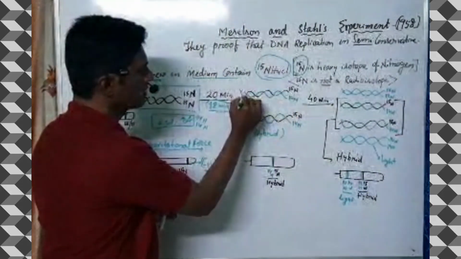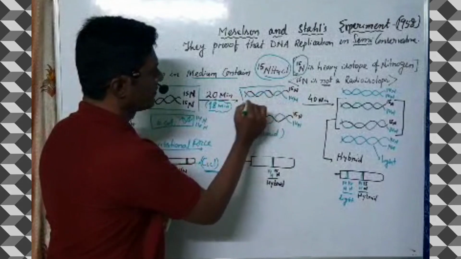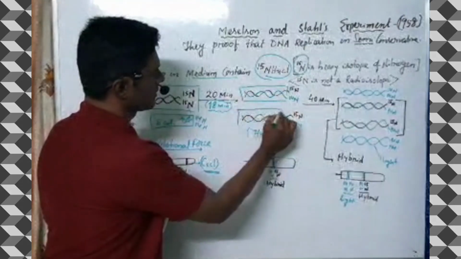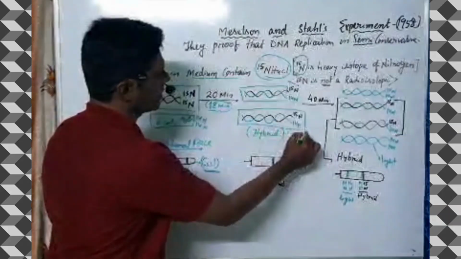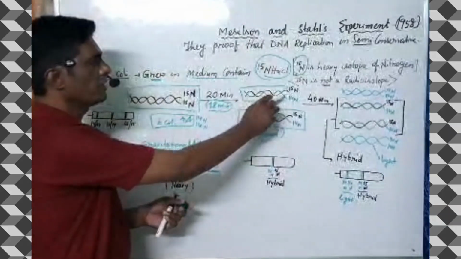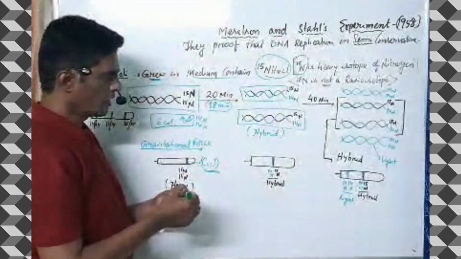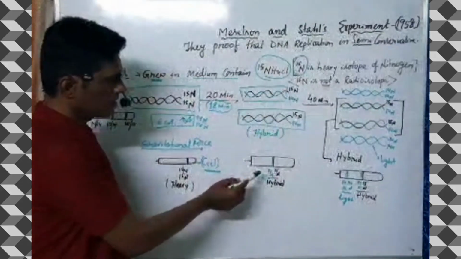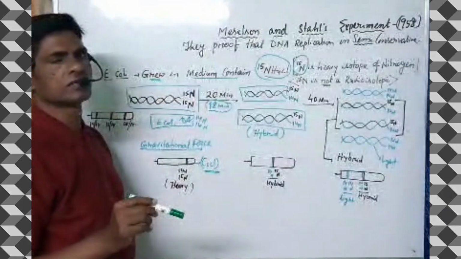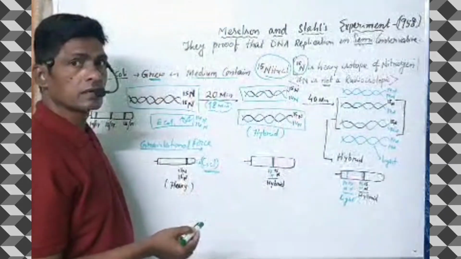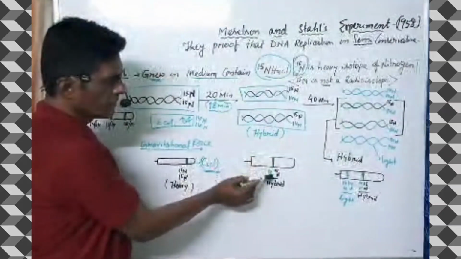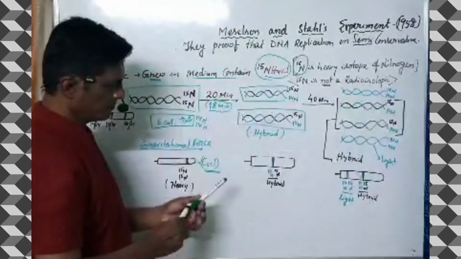From the coloration you can understand that in the first generation after 20 minutes, he found two bacteria, and each has one heavy and one light strand. Heavy and light together means it will be hybrid. In the test tube you add the same cesium chloride and, under centrifugation, he observed the line came in the middle. You can see the middle line is there.